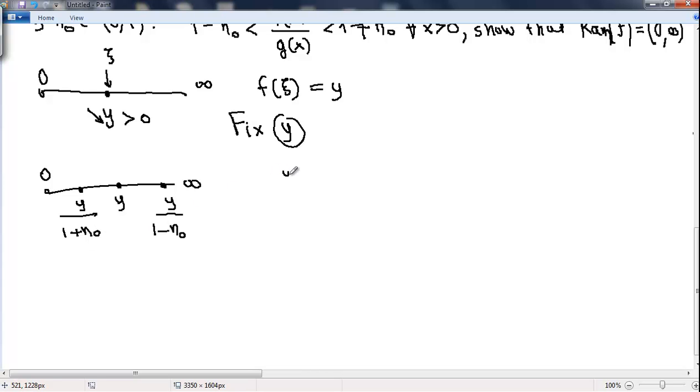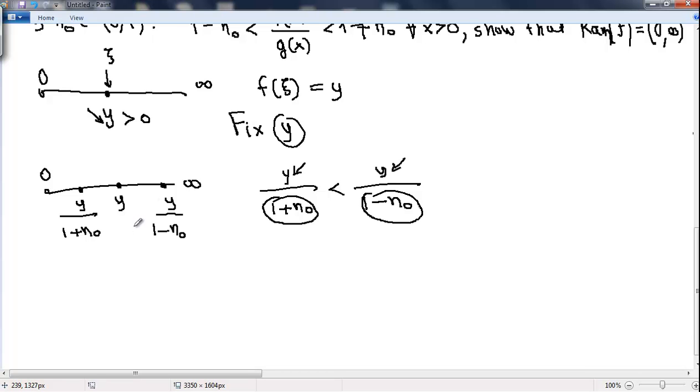Of course, y over 1 plus eta 0 is less than y over 1 minus eta 0, because the denominator here is bigger than the denominator there, and the numerator y is positive. So the order I have written for the numbers is correct.